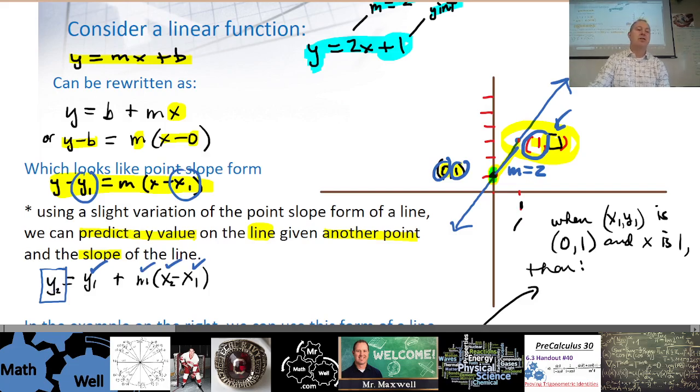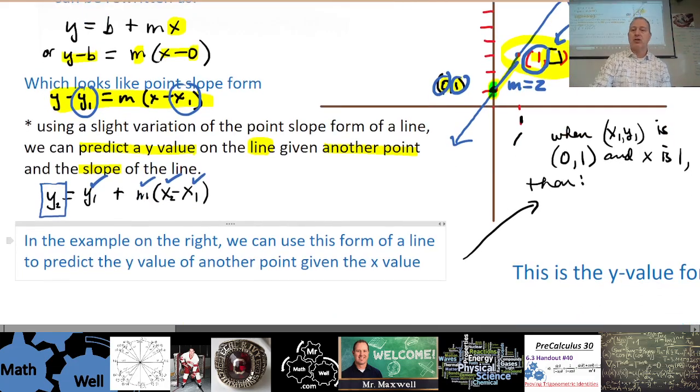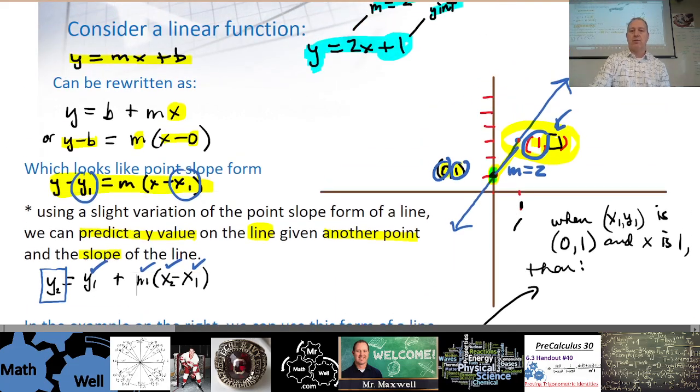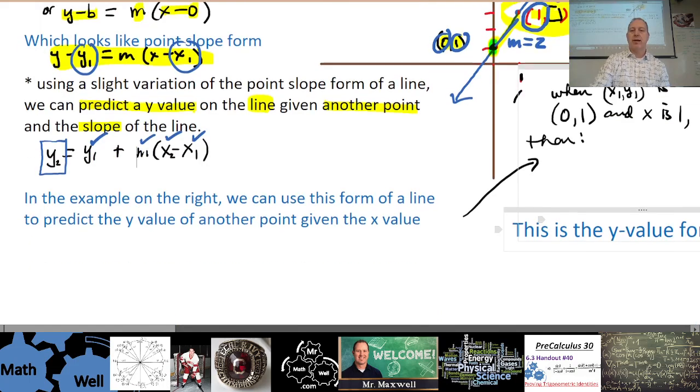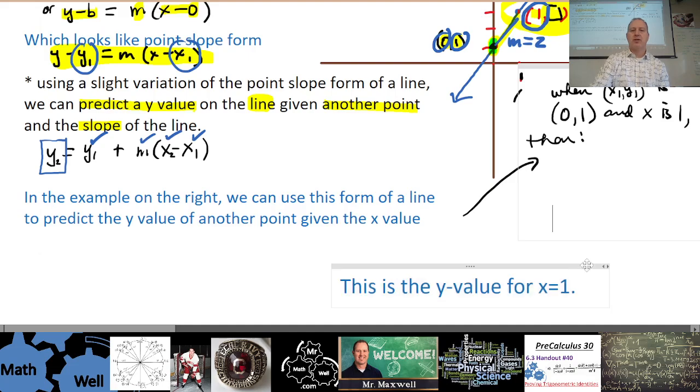Okay. Now that's not too hard to understand, but this is the basis of our concept for today. Okay, so in this example on the right, we can use this form of a line to solve for the missing y value. Okay? All right. So let's do that.